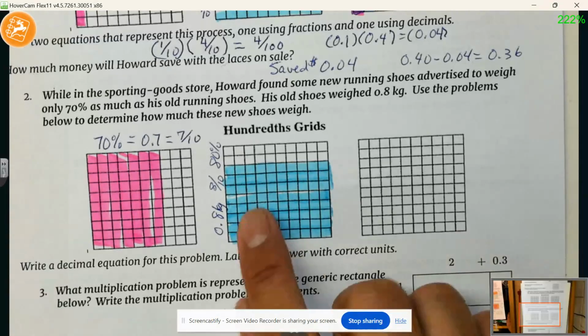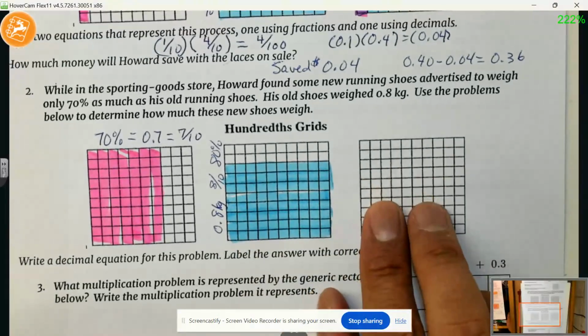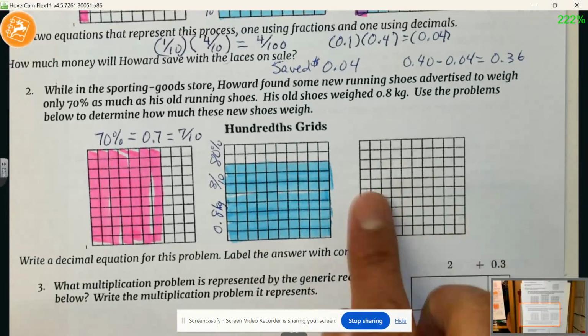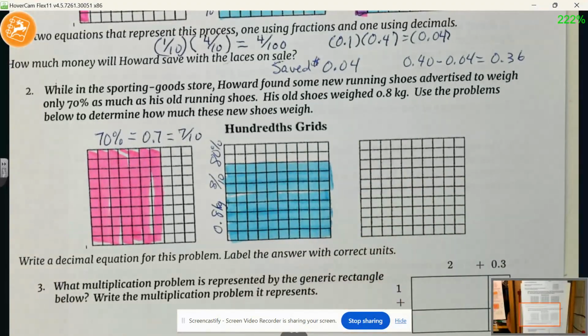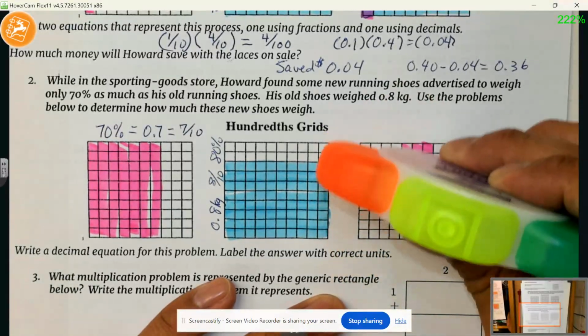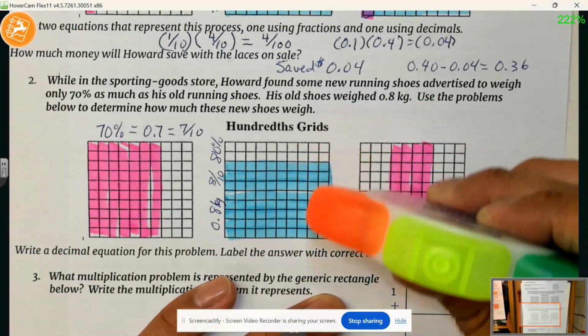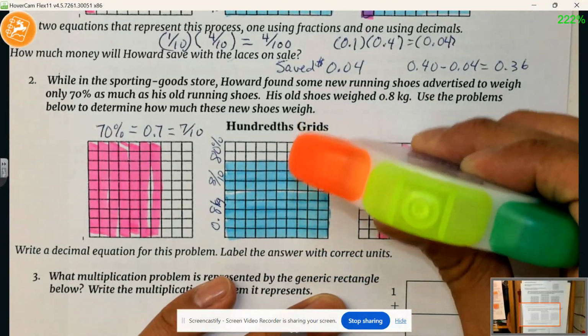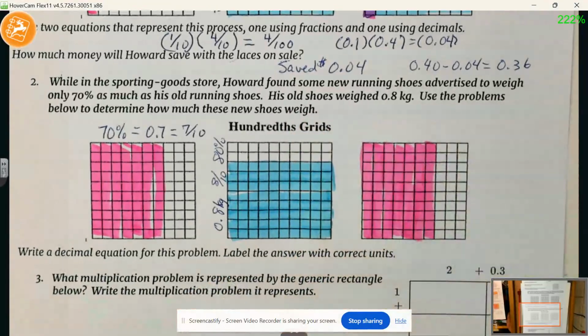And now we're going to superimpose them onto each other here. We're going to show 70% of 0.8 of a kilogram. And let's see what it looks like. Let's see what that gives us. There's 70%.